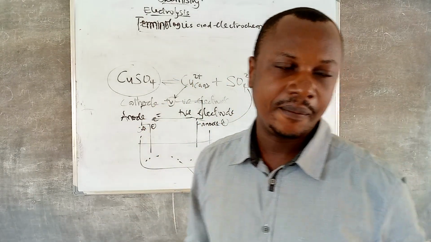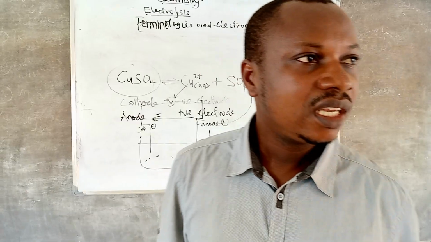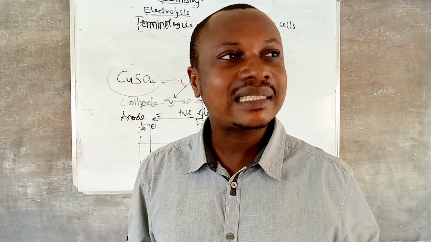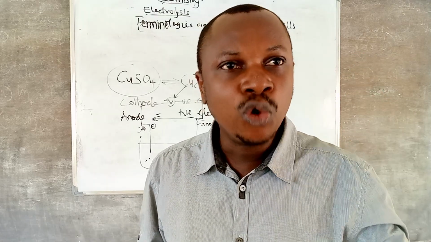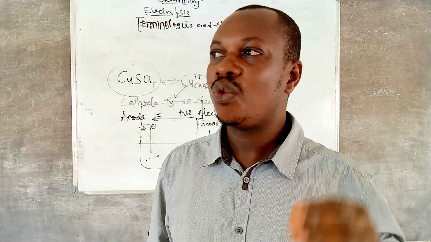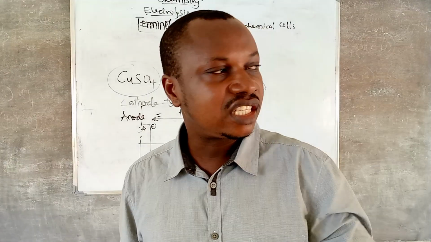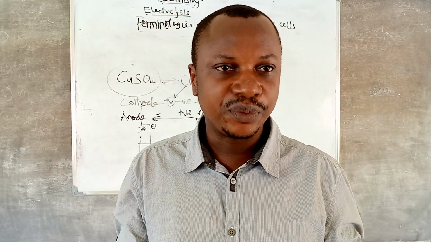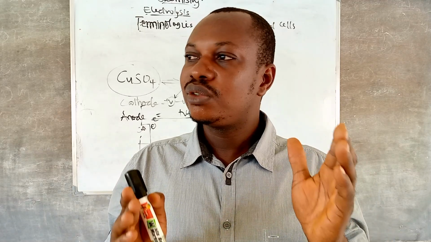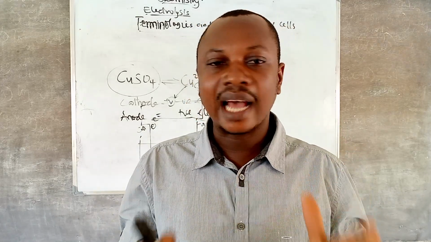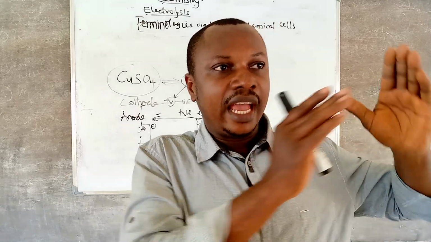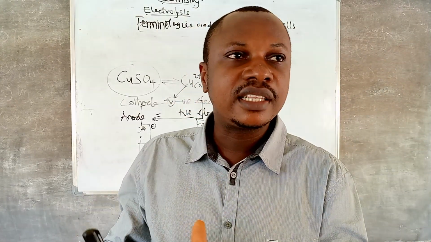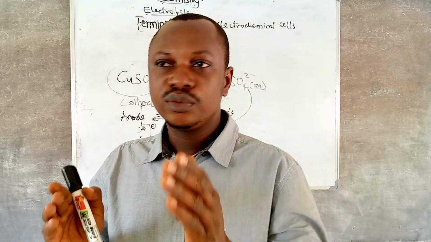It is not the same in an electrochemical cell. In an electrochemical cell, the anode is the negative electrode, while the cathode is the positive electrode. Have you seen a little shift? Don't allow it to confuse you. Electrochemical: anode negative, cathode positive. Electrolytic: cathode negative, anode positive.